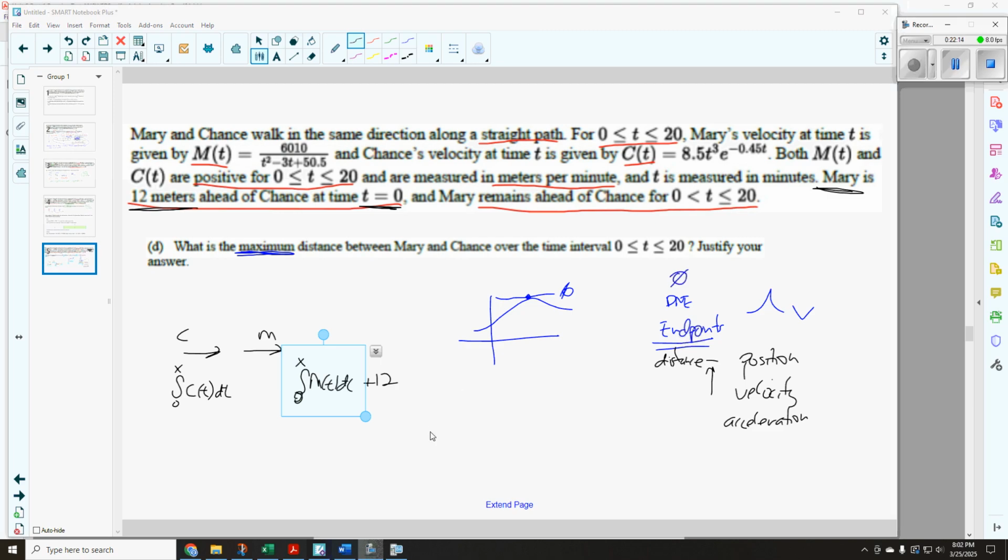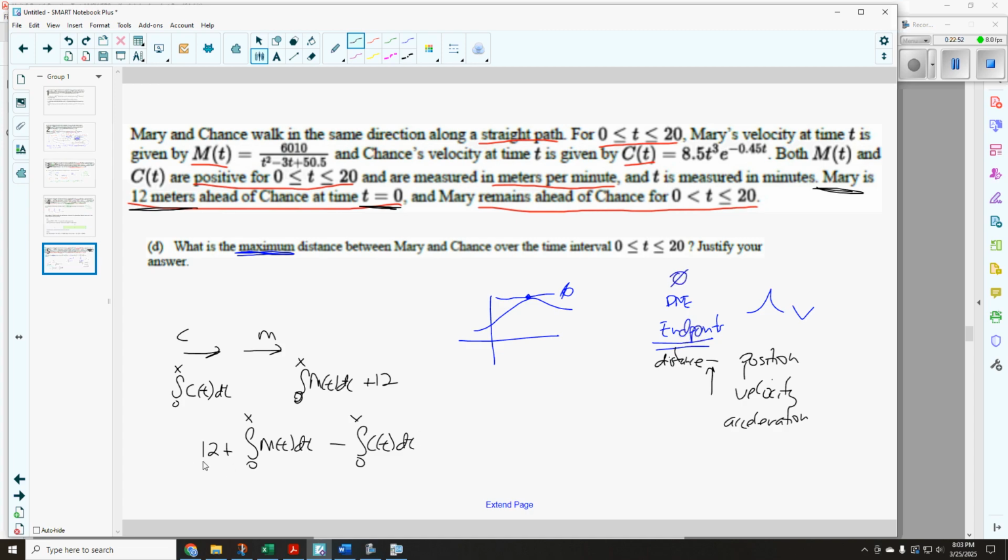Okay. So since Mary is starting ahead of Chance, the distance between them is, well, Mary's distance, and I'm going to rewrite it so it'll be easier for you to see what comes next. Mary's distance is 12 plus the integral from 0 to some time of m of t dt minus the integral from 0 to x, the same time period, of c of t dt.